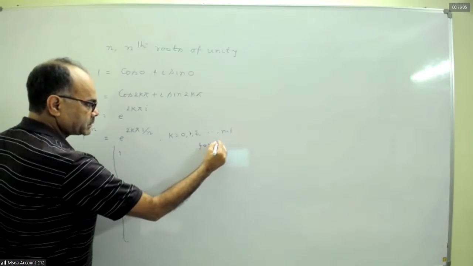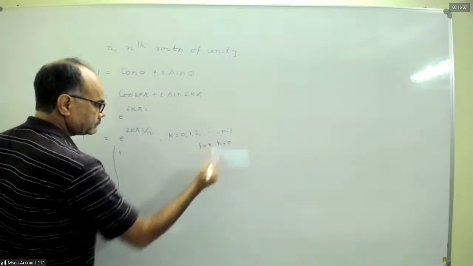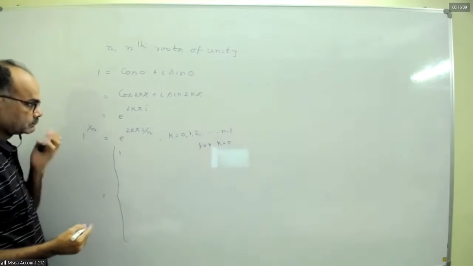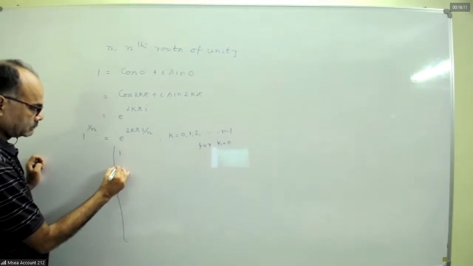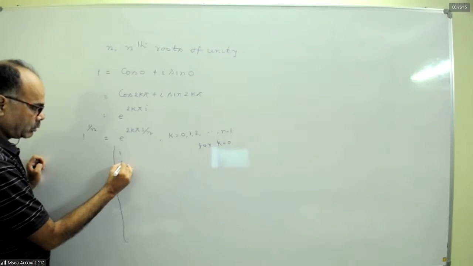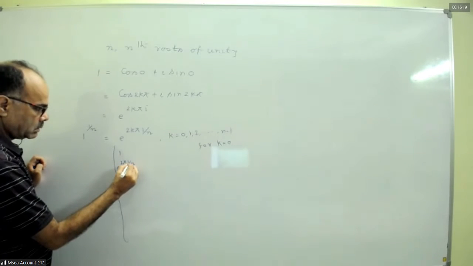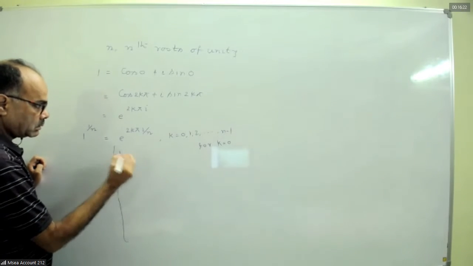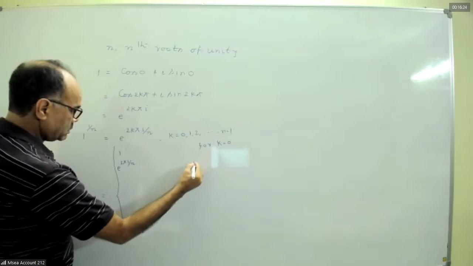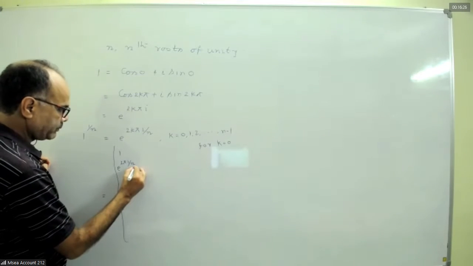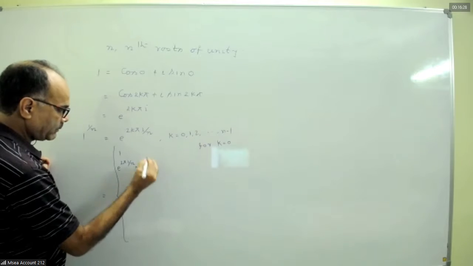For k equal to 0, e to the power 2 pi I by n. This is alpha.